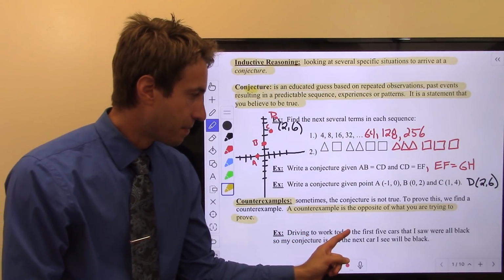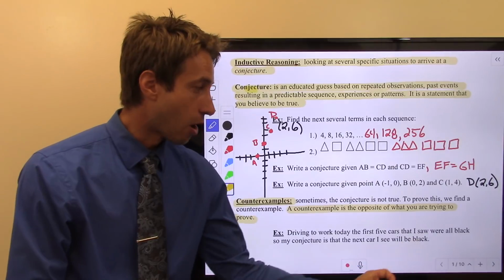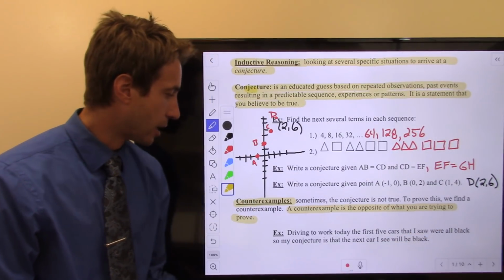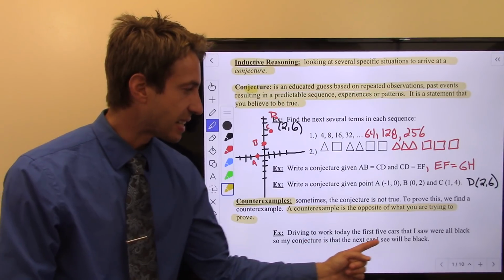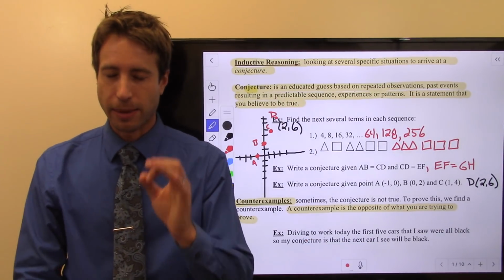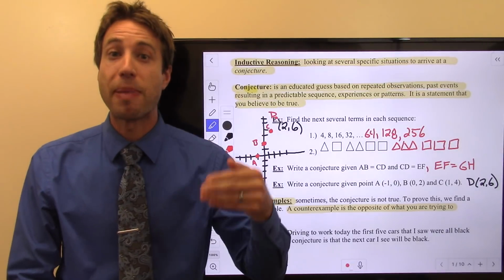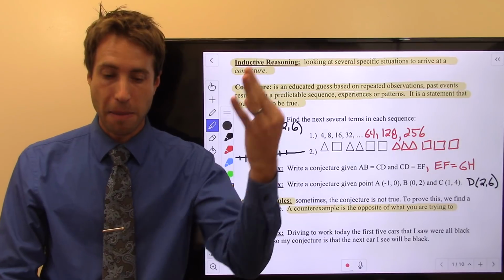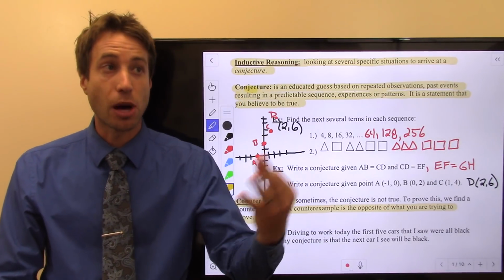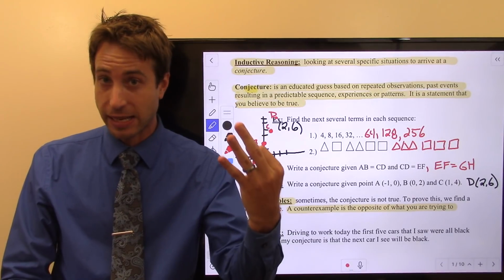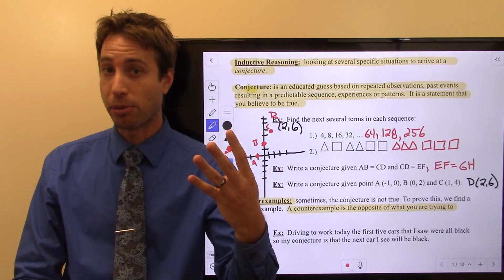Let me say this. Driving to work today, the first 3 cars that I saw were black, right? So my conjecture, by inductive reasoning, based on that pattern and my past experience, is that the next car I see will be black.